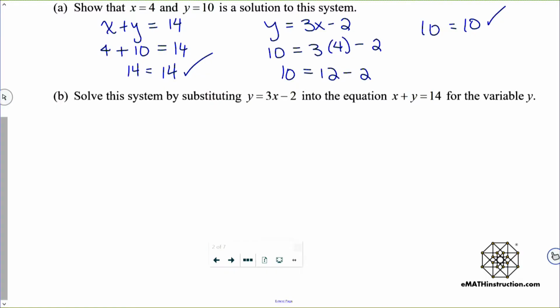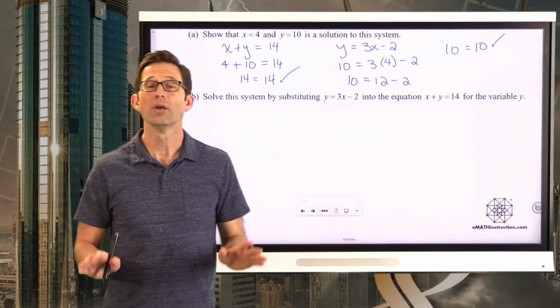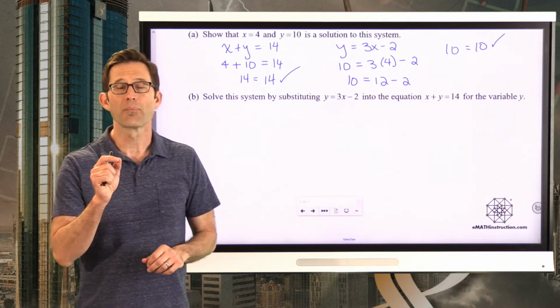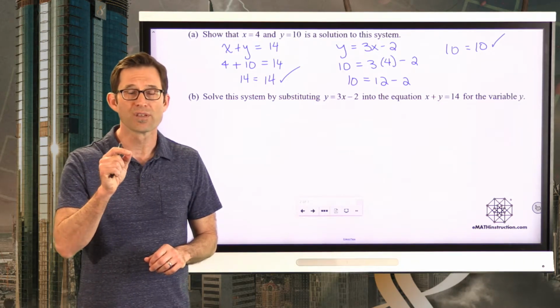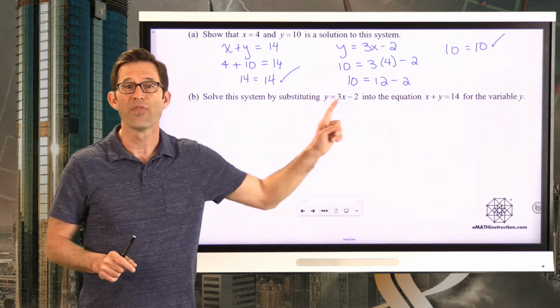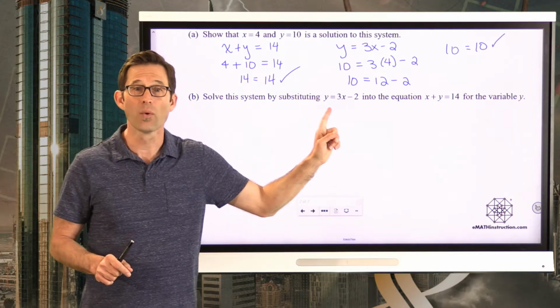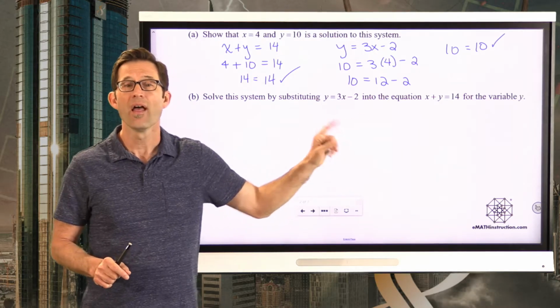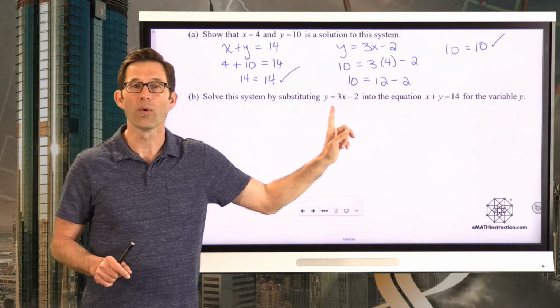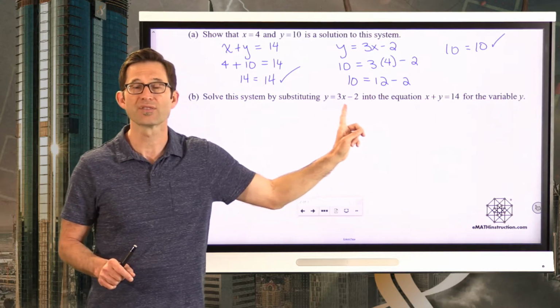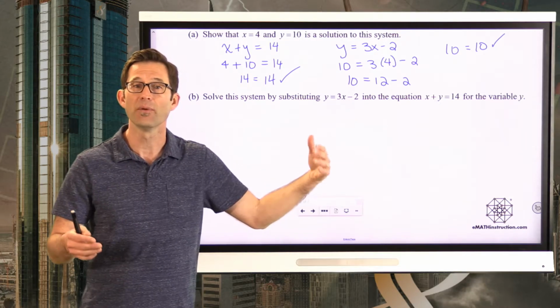Letter B. Solve the system by substituting y equals 3x minus 2 into the equation x plus y equals 14 for the variable y. All right, so remember, the principle of substitution says that when things are equal, y equals 3x minus 2, then I can replace y with the expression 3x minus 2 and it will continue to be true.